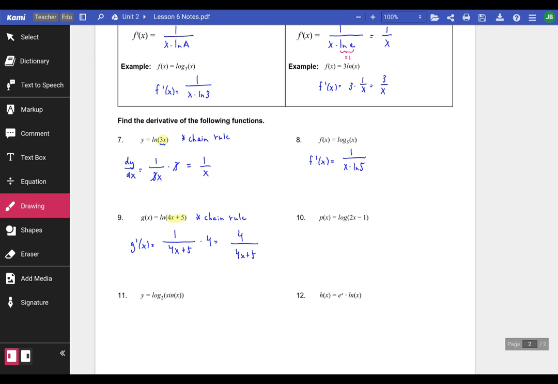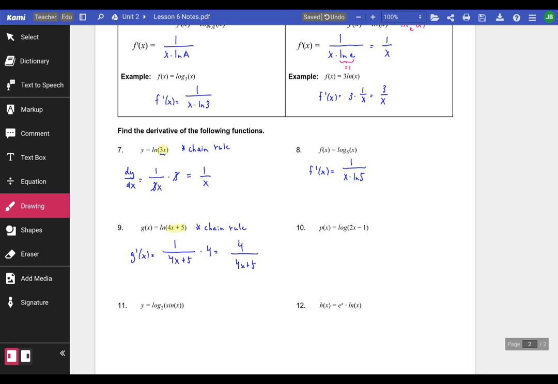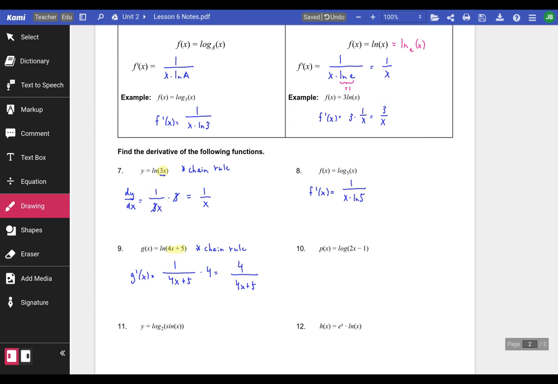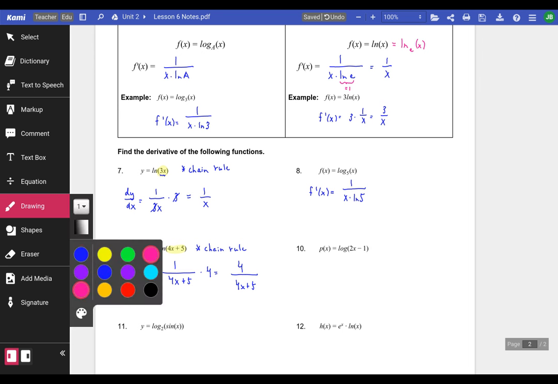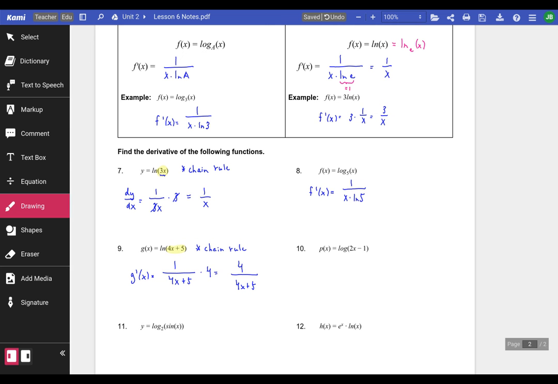And the last one for us will be number 10 here. So we have a log here. And if it is not noted, we know that this is going to be base 10.